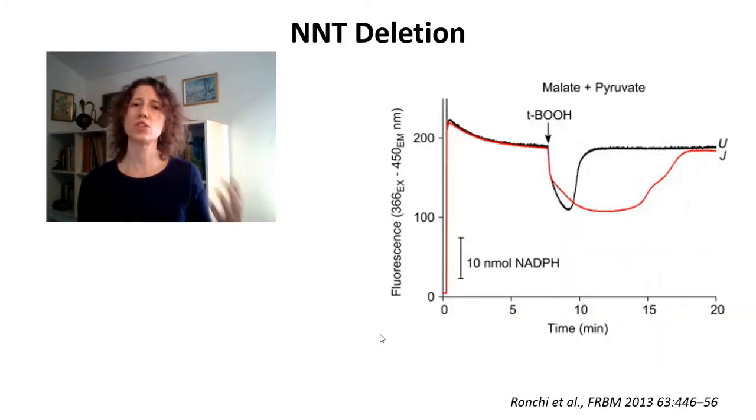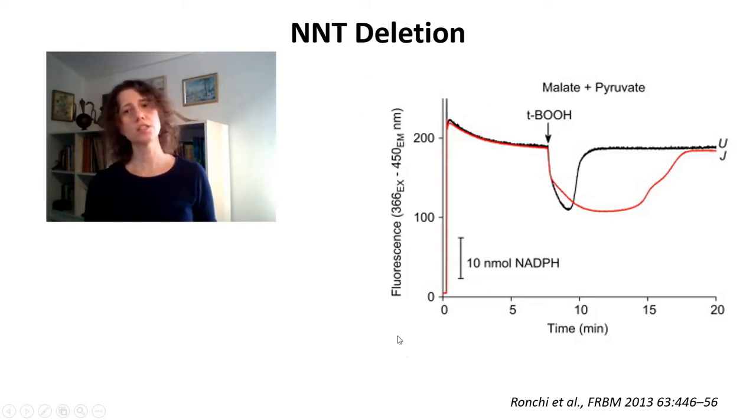Just as an illustration, this is a measurement of NADPH fluorescence. As we spoke before, NADPH can be measured by fluorescence. And it's measured in animals, the J animals here, in mitochondria from animals that don't have NNT activity, or the U animals here that do have the NNT activity. And they're adding here tertiary hydroperoxide, which is going to oxidize NADPH, as an organic peroxide will do.